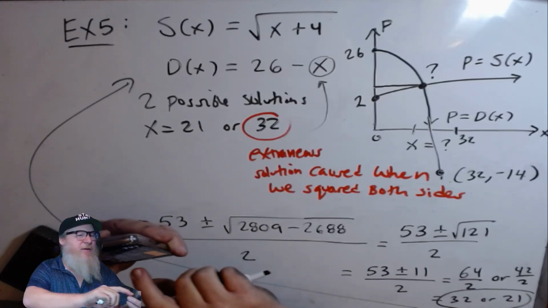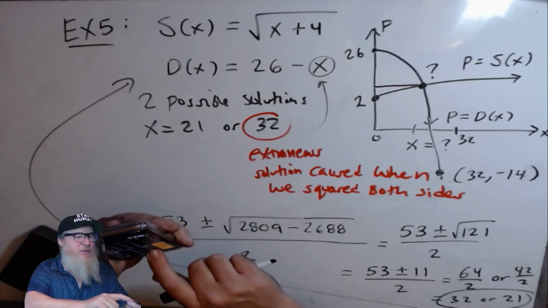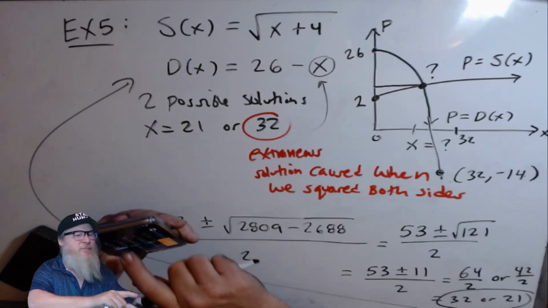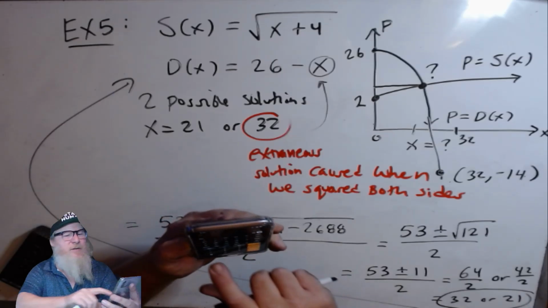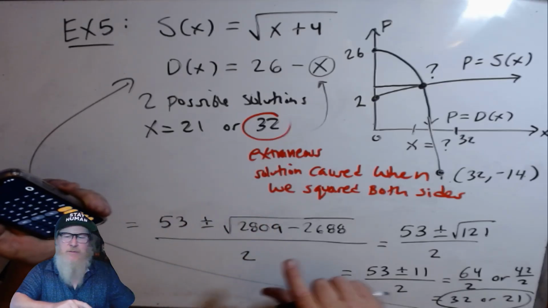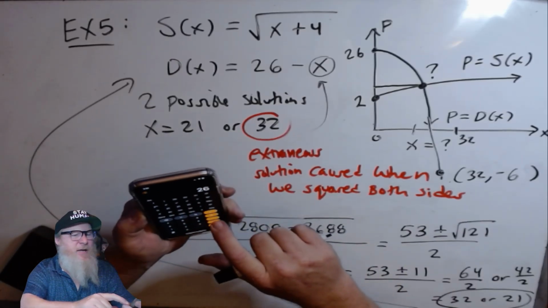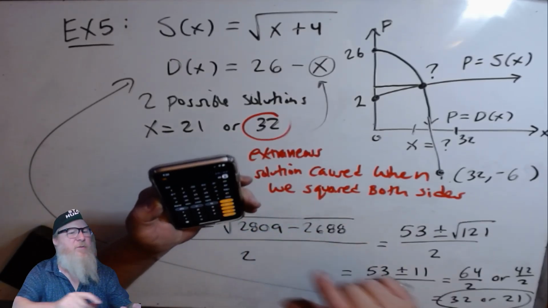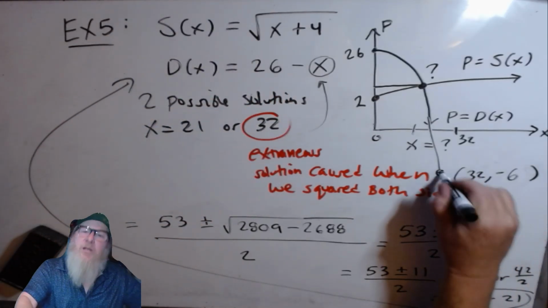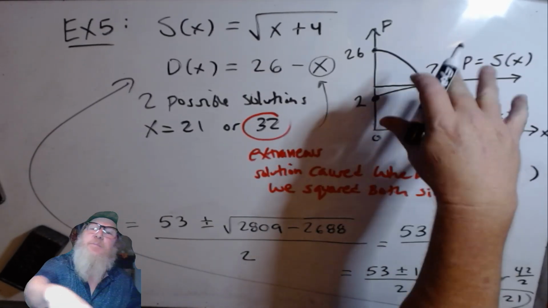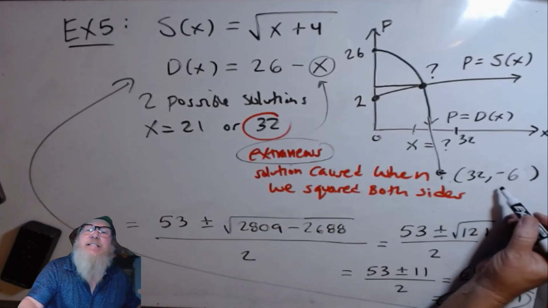I'm going to do it on a calculator. 26 minus 32. When in doubt, use your calculator. I'm glad I did. 26 minus 32. You're watching from home, you're like, it's not even 14, Dr. J. It's 6. Either way, it's below the ground. It's below the x-axis. This is extraneous. It doesn't make any sense.